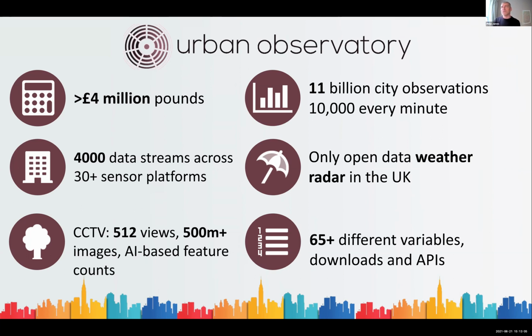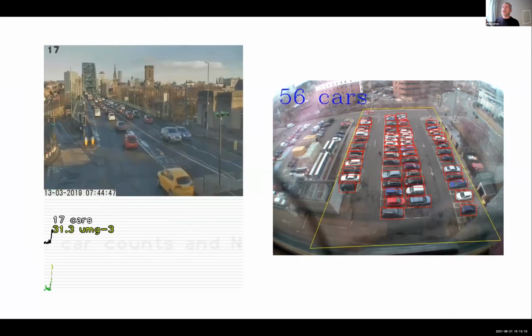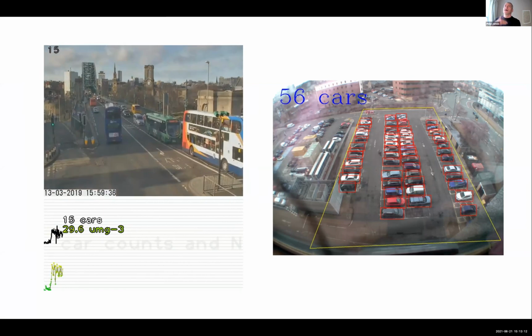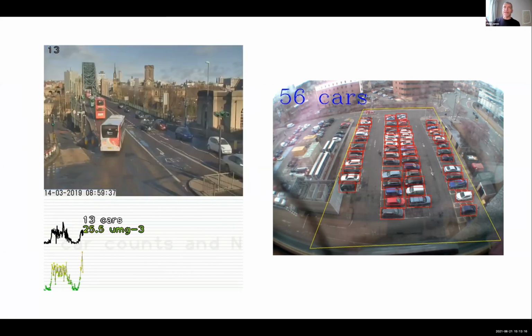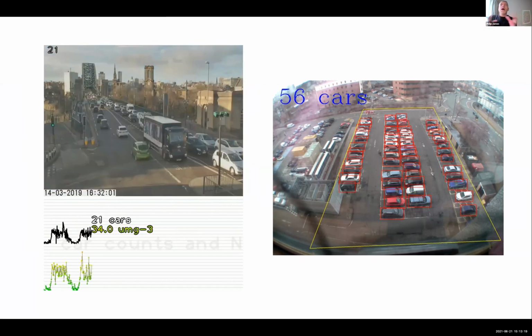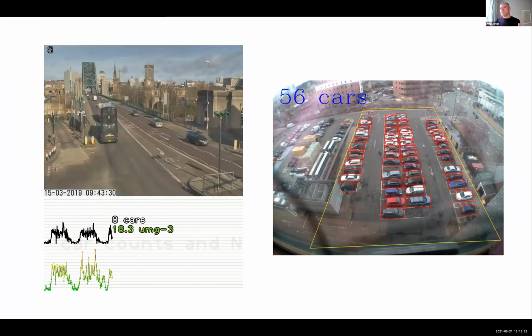But these are some more visual things that we collect. So things like air quality, understanding air quality, understanding traffic, understanding how we park our cars and where we do those through a variety of means.